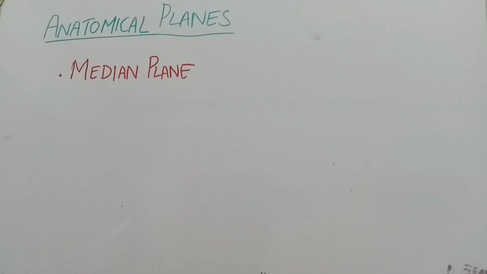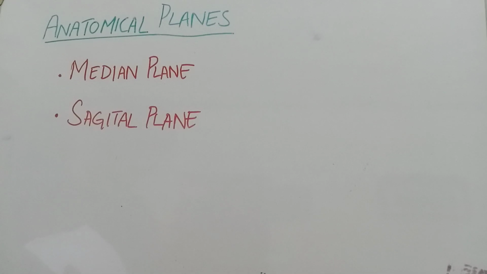So the second plane is the sagittal plane. The sagittal plane is also called the parasagittal plane. Any plane which is parallel to the median plane is called a sagittal plane. It also runs vertically, but it divides the body into unequal right and left halves.